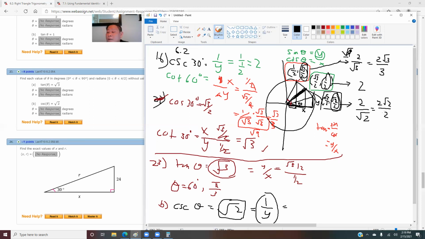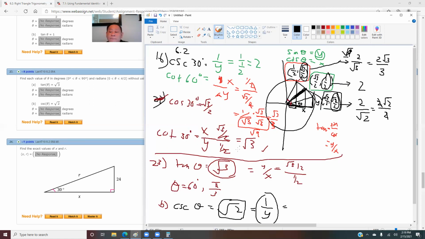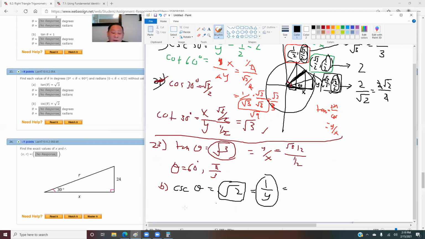These two will cancel, and that will leave us at root 2. So which one of these will give me root 2? The one in the middle, the 45. The answer for theta in this case is 45 degrees, or in radians, pi over 4.